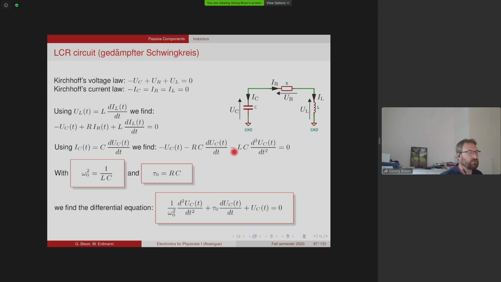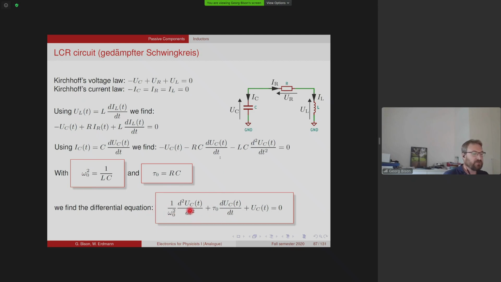Insert that, and then now you see that we get 2 times this voltage of the capacitor. As before, we get the second derivative for the coil, and we get the first derivative for the resistor. And now we have to define 2 things. The resonance frequency, again, is 1 over square root of LC. And we have a time constant here, and this is, again, R times C. And then using those, we can rewrite the differential equation in a nicer form.